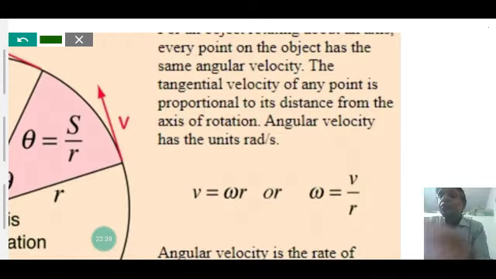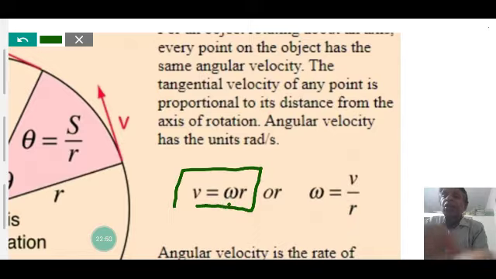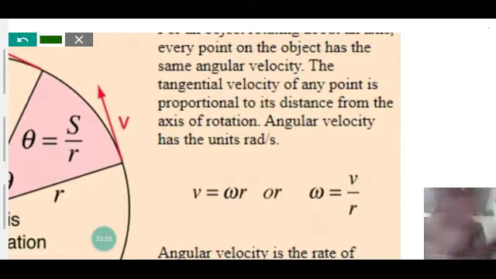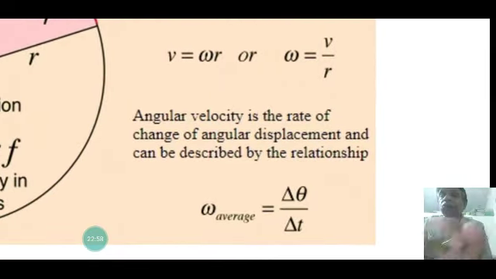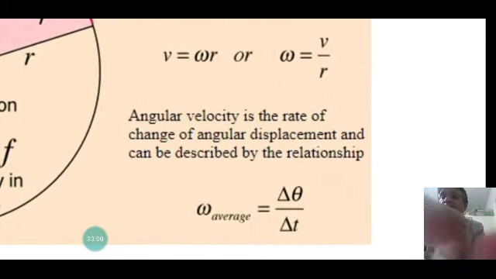Now, just as we discussed in the earlier slide, v is equal to angular velocity times r, that means linear velocity is equal to angular velocity times r, or angular velocity is equal to v by r. So angular velocity is the rate of change of angular displacement and can be described by that relationship.